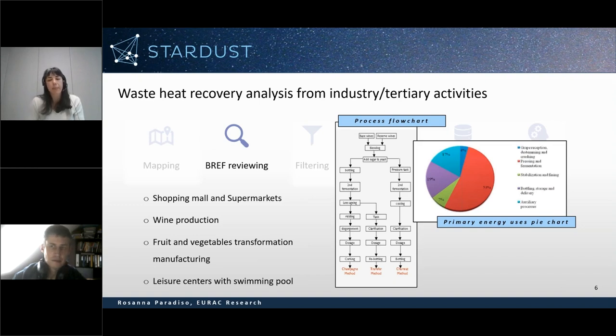Through the literature review, through environmental statements and best available techniques reference documents of the European Union, we could study the processes and the primary energy uses within the companies: which are the most energy consuming processes, and which type of energy is the most used, like thermal energy, the temperatures, and maybe electricity for cooling and refrigeration.